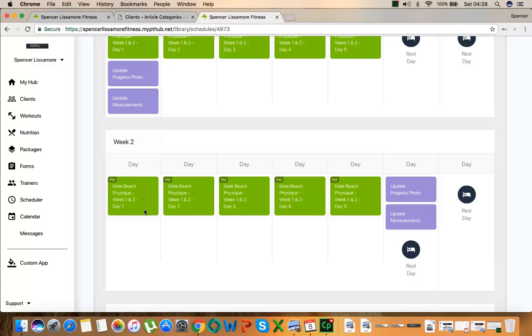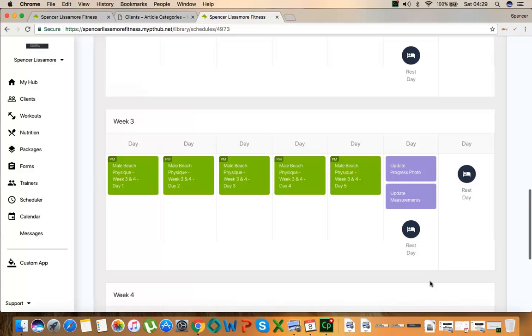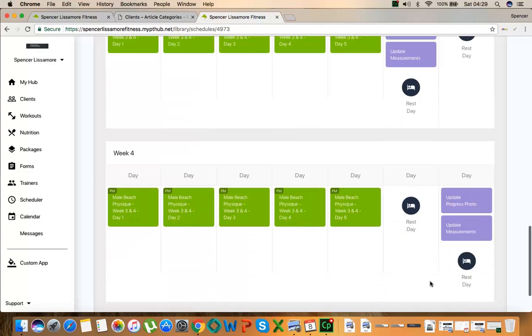Week 2, Monday, Tuesday, Wednesday, Thursday, Friday, we're training. Saturday, I want an update progress photo, and I want an update on our measurements. However, you are still on your rest day. Week 3, same again. And week 4, training all week.